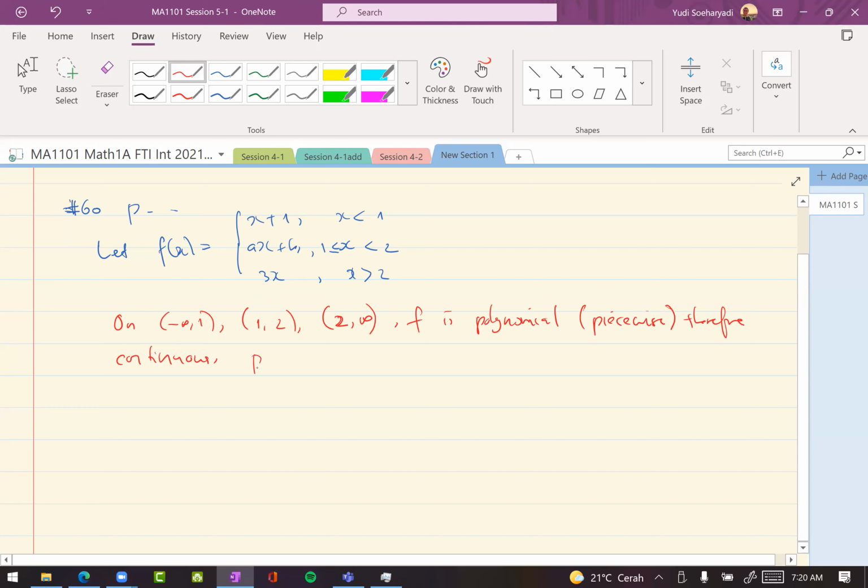Okay, so it remains to check at x equals 1 and x equals 2.